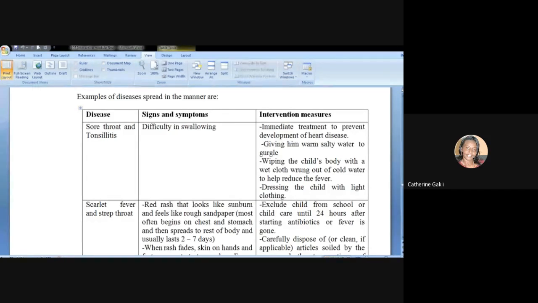So even when we say you wipe the baby, warm water will do, because warm water will cool off in the body after you wipe.